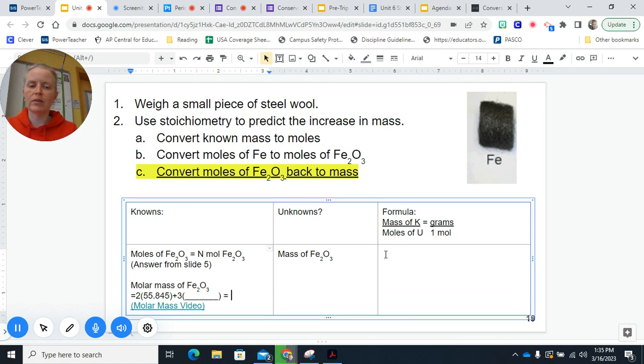When you set it up, you're going to include the thing that you know, which will be the moles of unknown. And we're actually looking for the mass in this case.